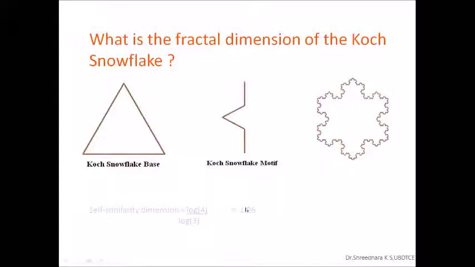That's how this line dimension was earlier 1, now its value becomes 1.26. Once again, if we start dividing into 3 parts, then the dimension starts increasing. It will not go beyond 2 and not less than 1. Within that range only, the value of the dimension lies. So now we can define the meaning of fractal or fractional dimension with respect to a picture.